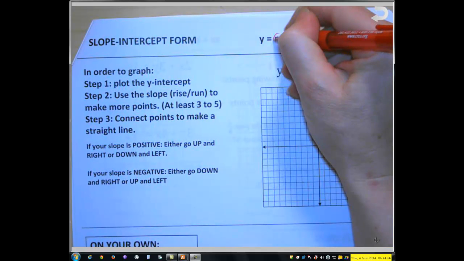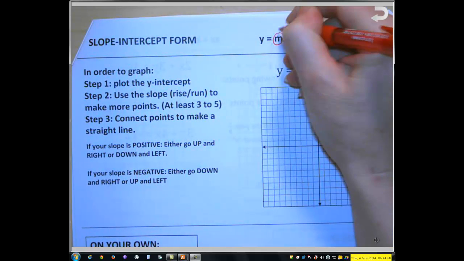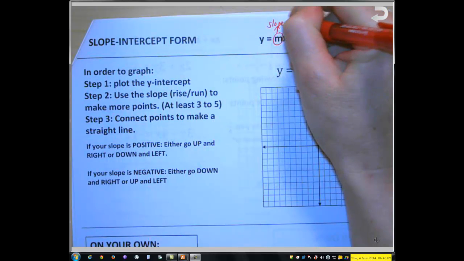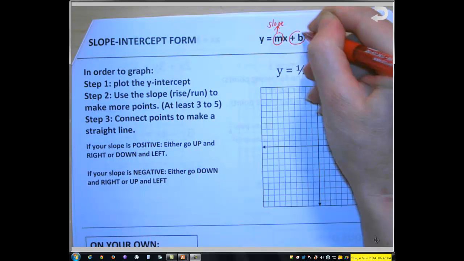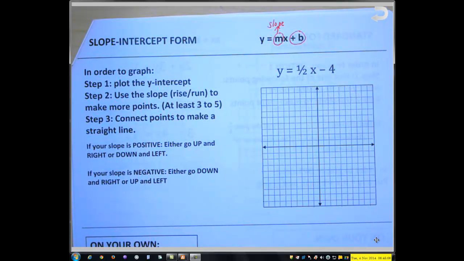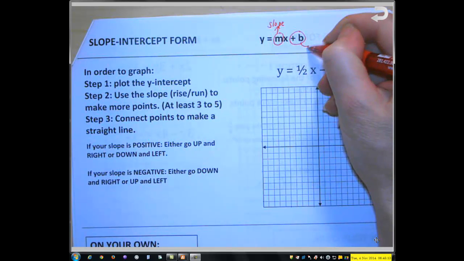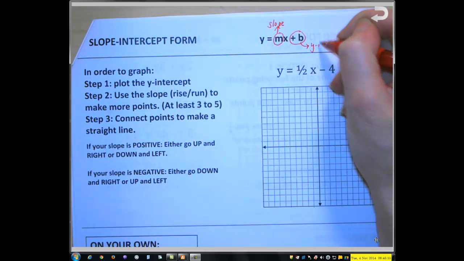The m is always the slope. The b, and notice that I circled the operation sign before the b, that is a part of the y-intercept. The b is always our y-intercept.